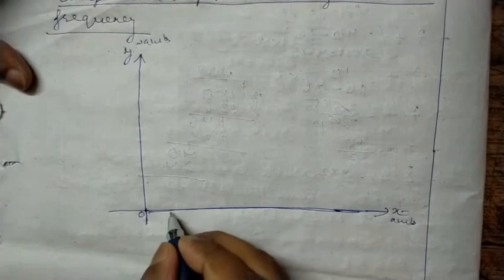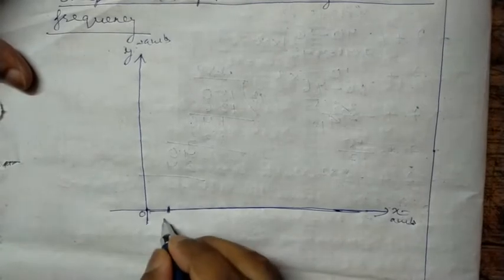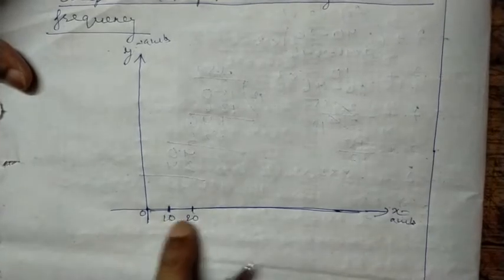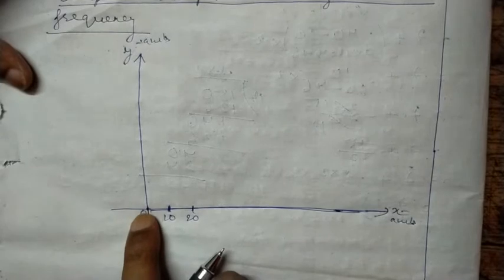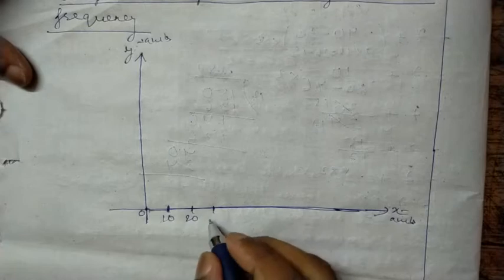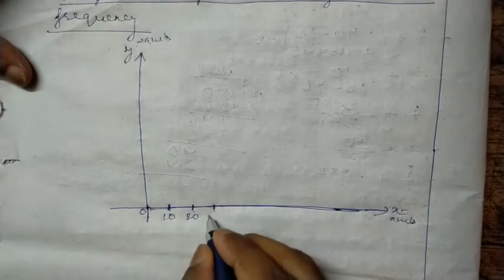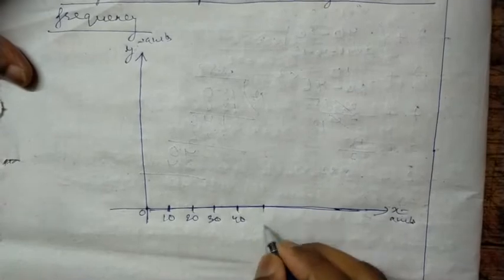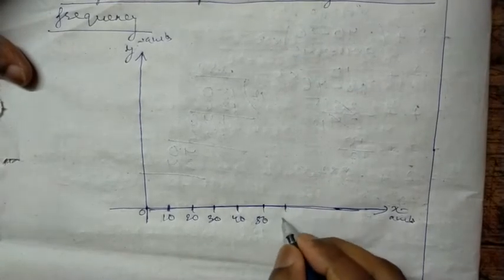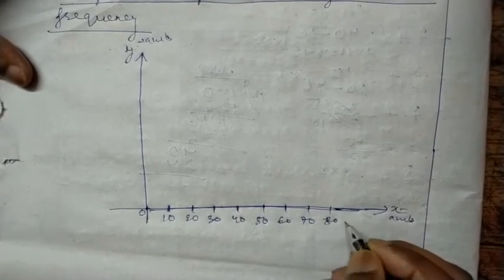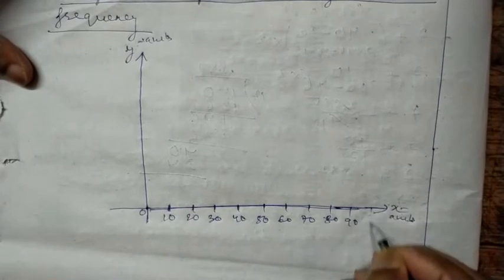Suppose I have taken here a gap of 10. So 0 to 10, 10 to 20, 20 to 30, 30 to 40, 40 to 50, 50 to 60, 60 to 70, 70 to 80, or 90, or you can take 100 also.